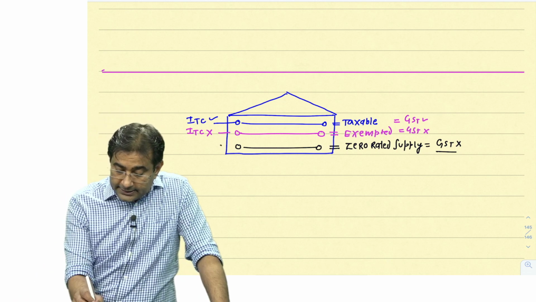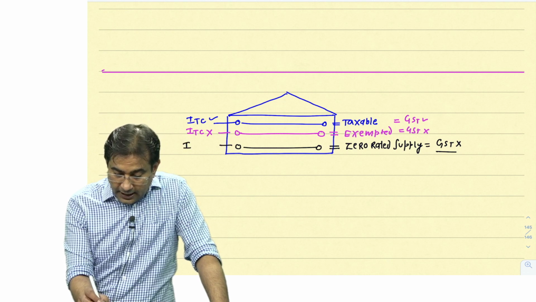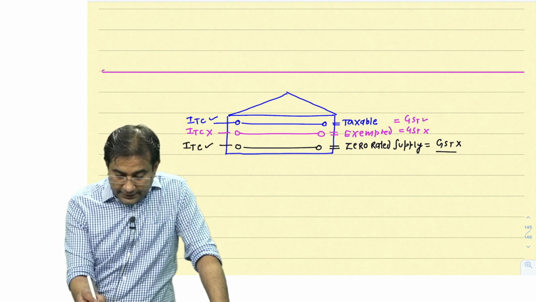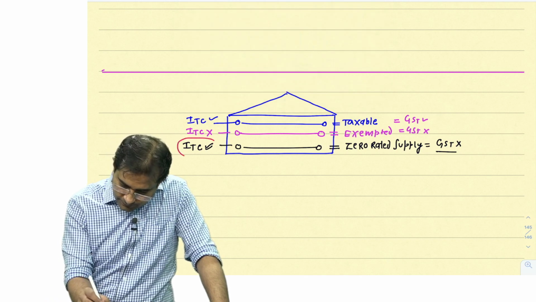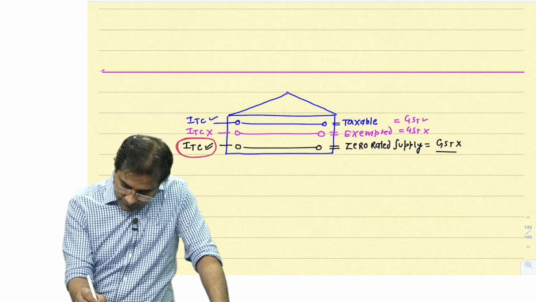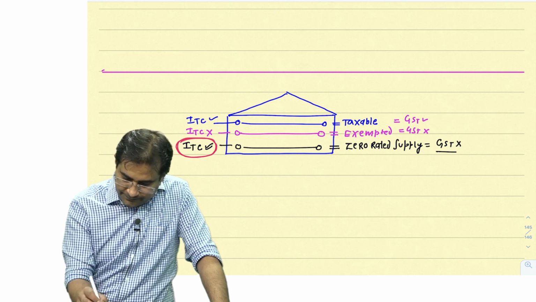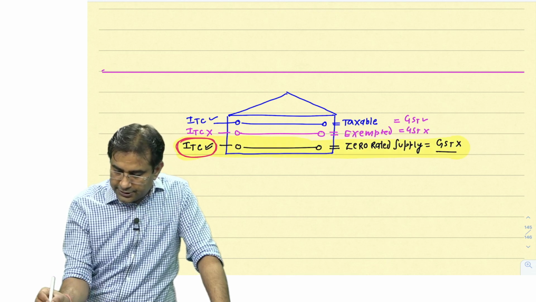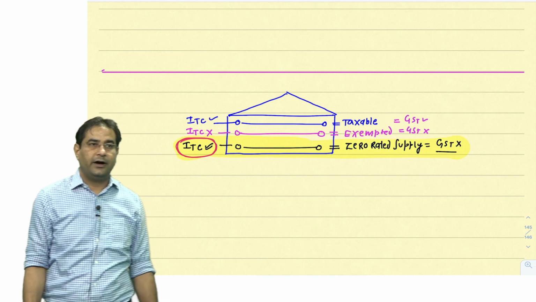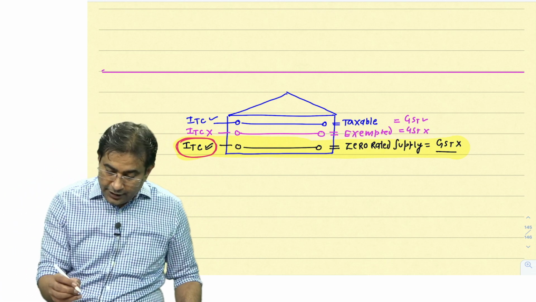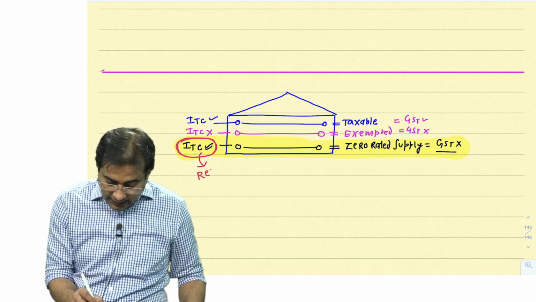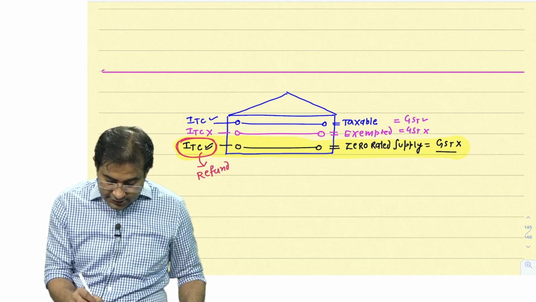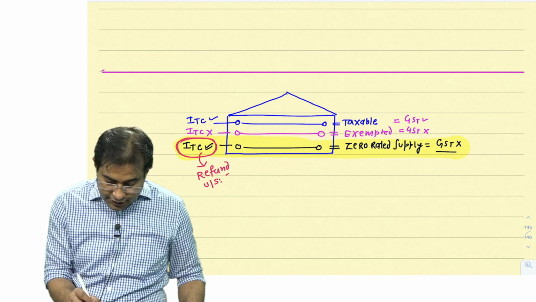But the exception provision is this: we are entitled to have ITC thereof. I would like to tell you this important feature. In case of zero rated supply, we are entitled to have ITC, and if we are not able to utilize this ITC, we can claim refund of this amount under section 54.